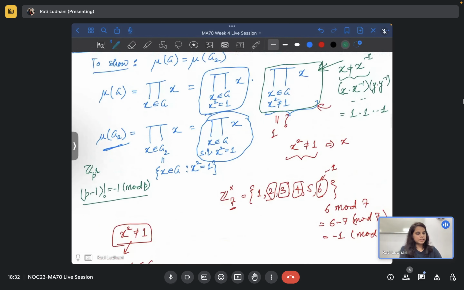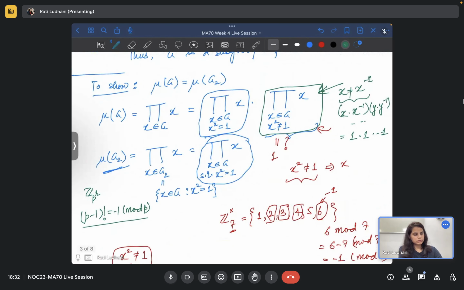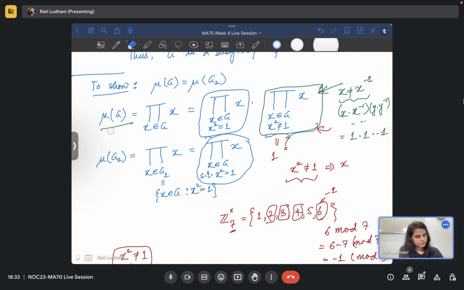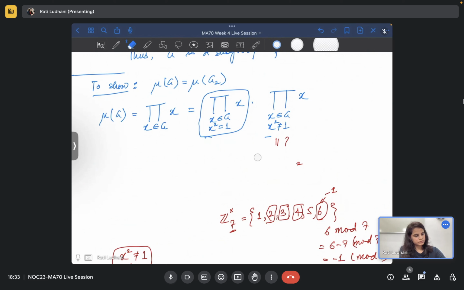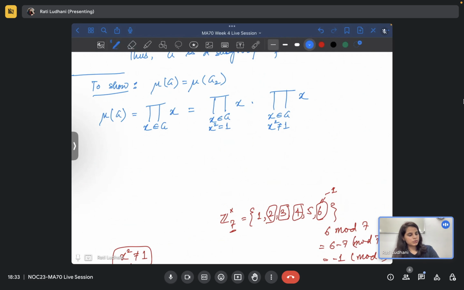So, is that clear? Why is mu G equal to mu G2? What we did was write this product as the product of elements which satisfy x squared equal to 1 and those where x squared is not equal to 1.